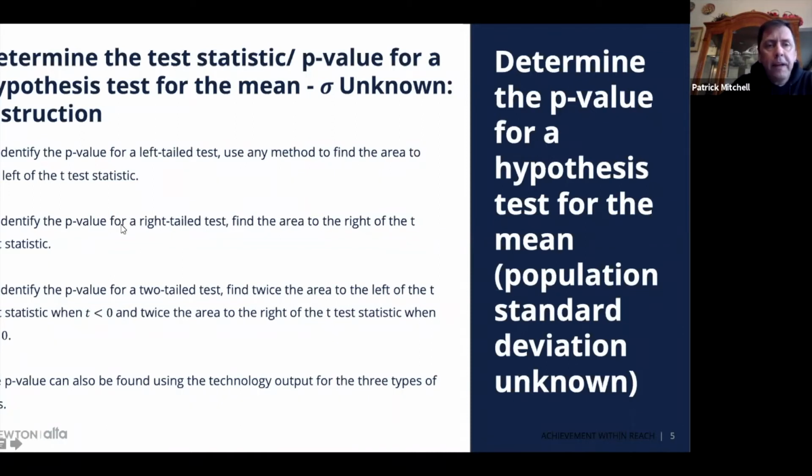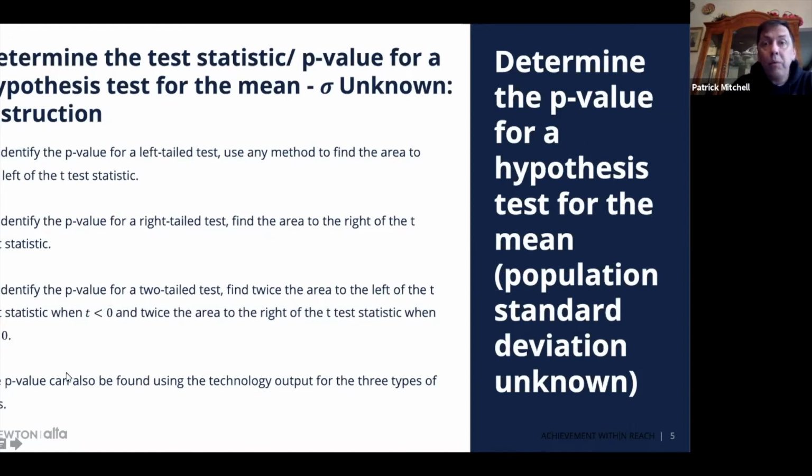To identify the p-value for a right-tailed test, find the area to the right of the t-test statistic. And finally, to identify the p-value for a two-tailed test, find twice the area to the left of the t-test statistic when t is negative, or twice the area to the right of the t-test statistic when t is positive.